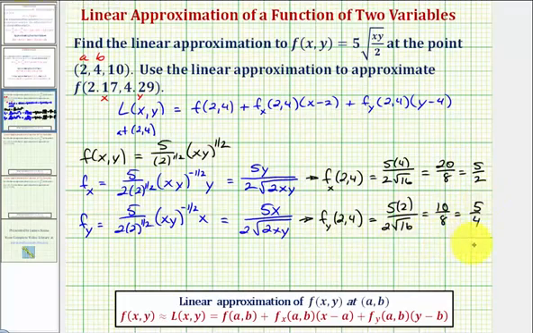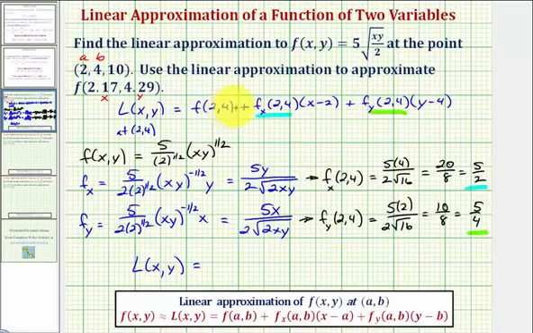So now we have all the information we need in order to find the equation of our linear approximation. We have this value and this value. So now we'll perform those substitutions and simplify to find our linear approximation at the given point. We would have L of x comma y, again at 2 comma 4, would be f of 2 comma 4.